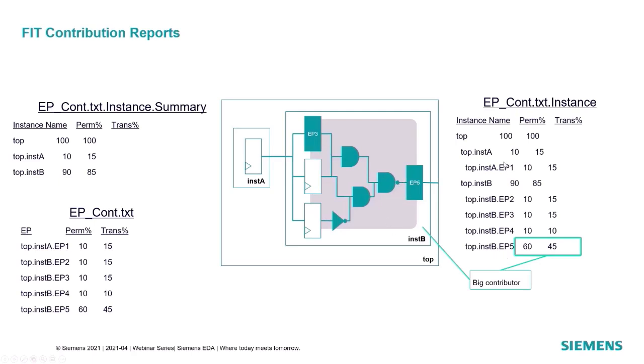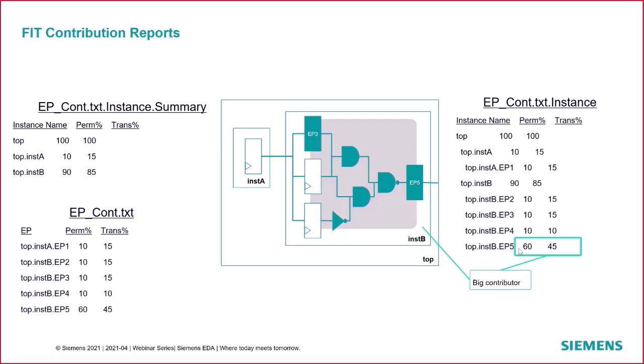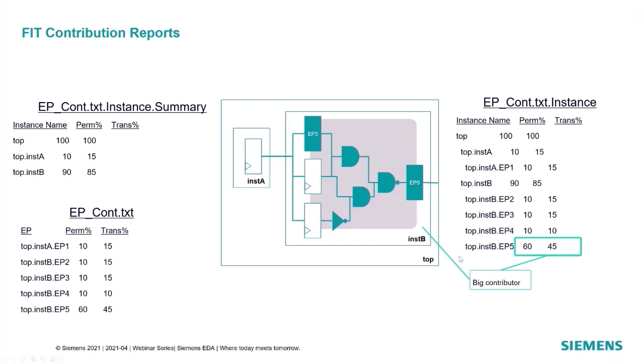So this typical example report is simply saying that your EP5 is contributing the highest towards your base failure rate. And once you make a plan to protect EP5, you should be able to mitigate a majority portion of the faults in this setting. Oh, okay, great.